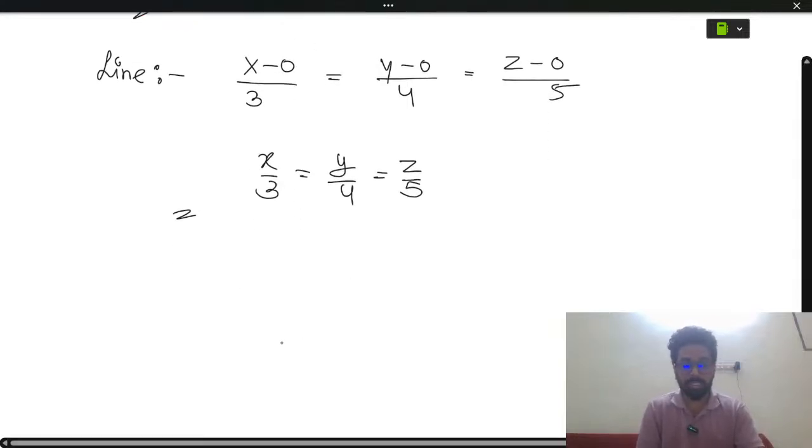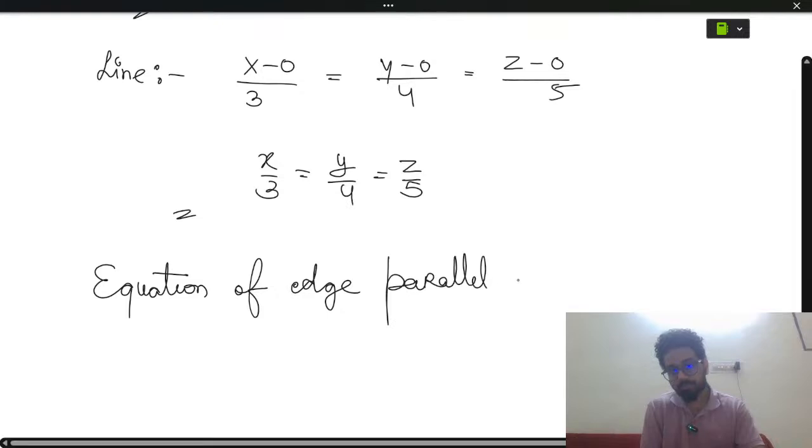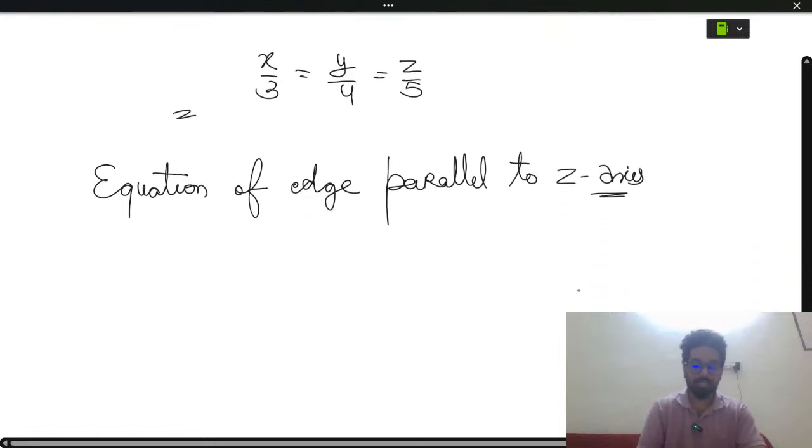We have to get the equation of the edge parallel to z axis.